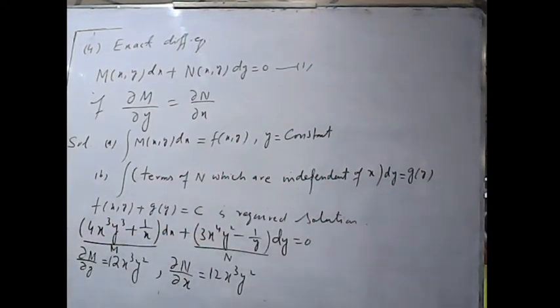So form number 1 fails. Second is the homogeneous form: dy by dx is equal to f(x,y), but f(x,y) is not a homogeneous function because of different degrees. After substituting x equal to lambda x, y equal to lambda y, lambda is not eliminated, so the function is not homogeneous.